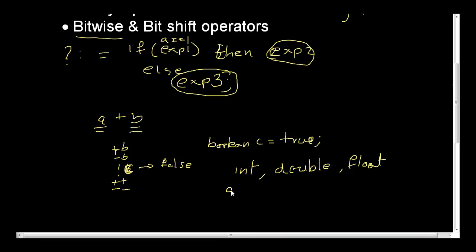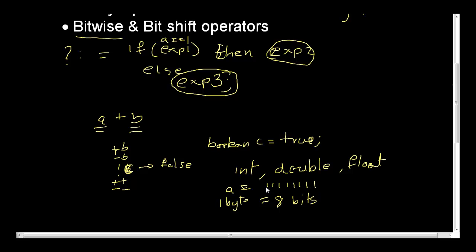Say variable a is 1 byte, and therefore it contains 1 byte equals 8 bits. So variable a will have 1, 2, 3, 4, 5, 6, 7, 8.